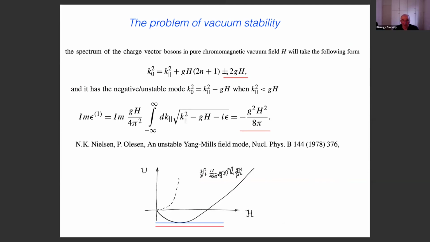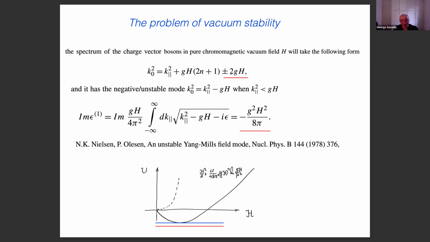So now what the problem is? If you calculate the spectrum of the vacuum excitations of the gluons, you will see that n is running from 0 to infinity. So if you take the lowest state, n equal to 0, you see that this is a momentum longitudinal to the magnetic field, right?